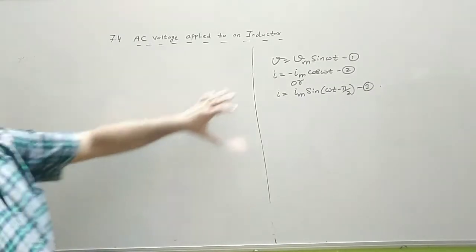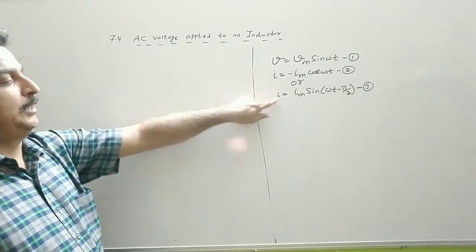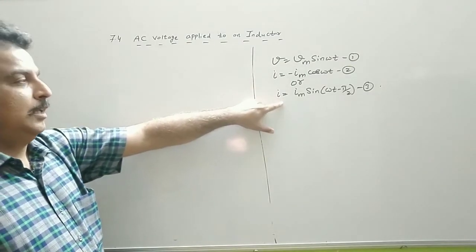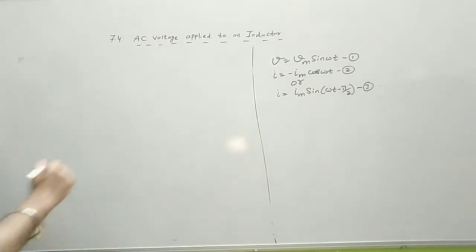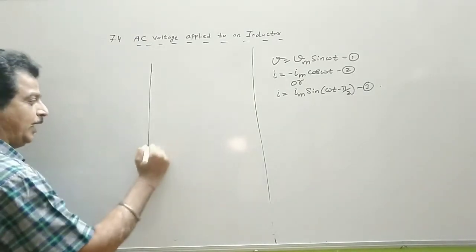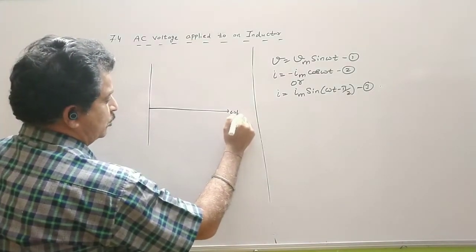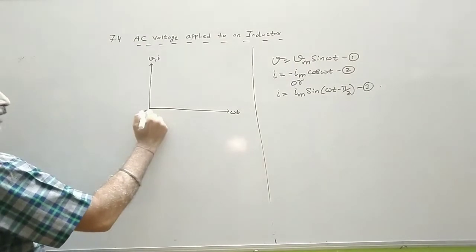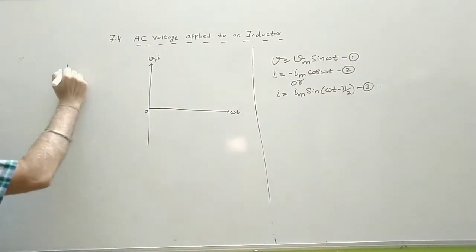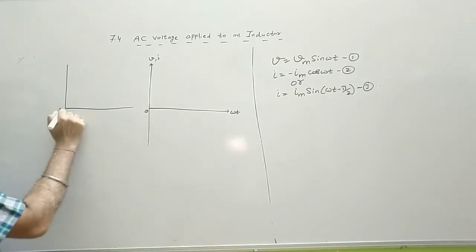Now these are the equation 1 and 2. The equation 3 is for comparison purpose. So you have to draw the phasor diagram as well as the V and I versus omega t graph. So let us draw here the V and I versus omega t graph, and on this side we draw the phasor diagram.